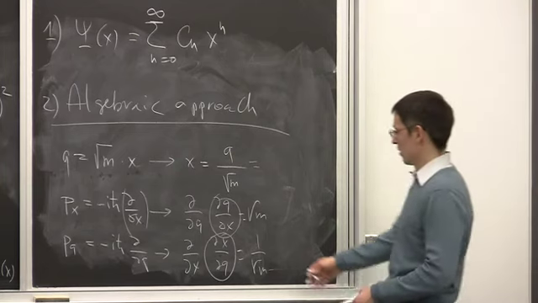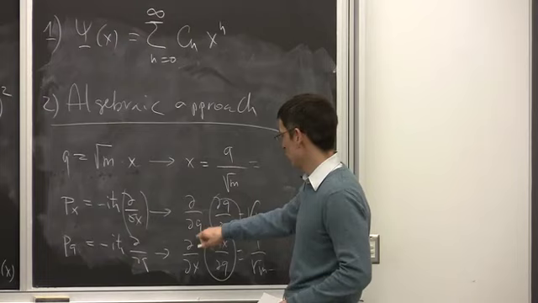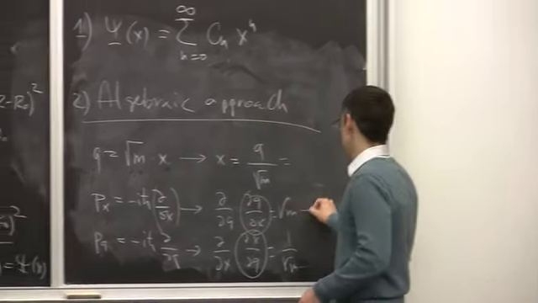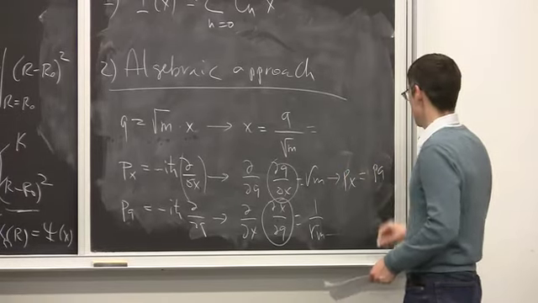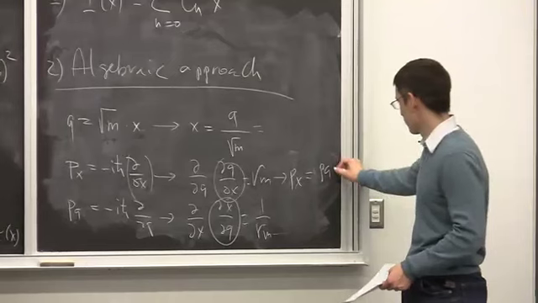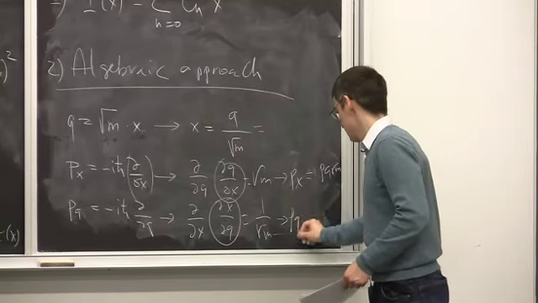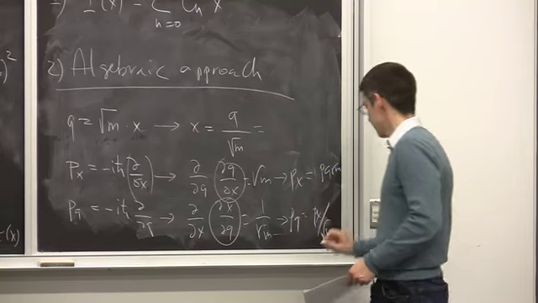So that way we can say that essentially x can be substituted with q, but the derivative is with respect to q, and that's the pq. So that means the px momentum is the pq momentum multiplied by square root of m. Or we can also say that the pq momentum is the px momentum divided by square root of m.